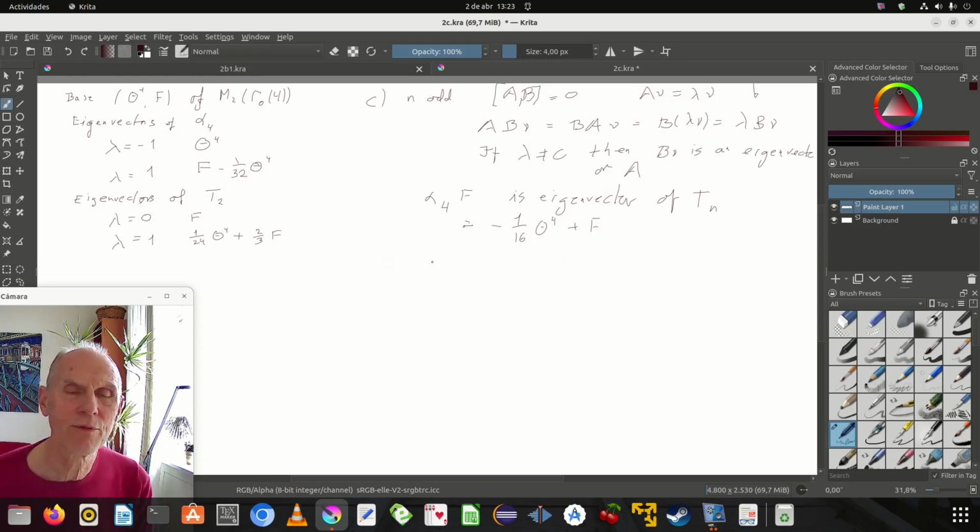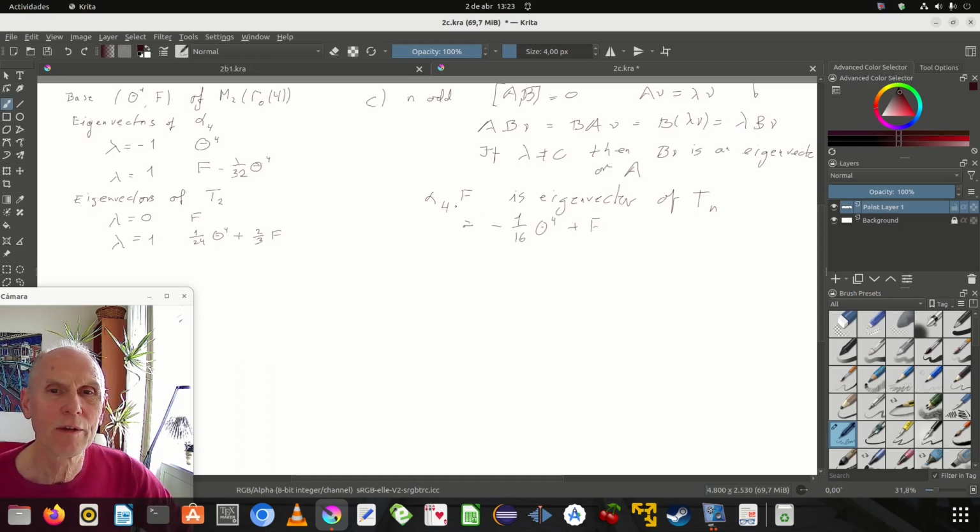What was alpha 4 of theta? Oh, it has the same eigenvalue.